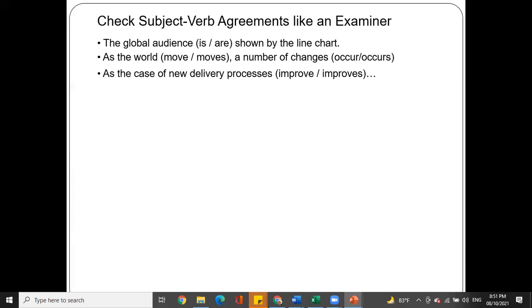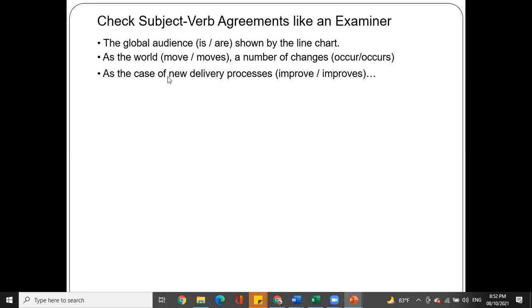As the case of new delivery processes. Where's the subject? New delivery processes.